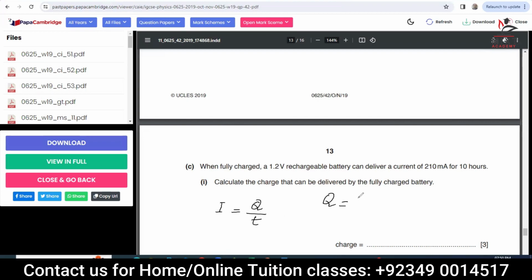So Q is equal to IT. I is a current which is 210 milli. Milli means 10 raised to the power minus 3. So 210 into 10 raised to minus 3. And what shall I put? 10 hours it's written. So what shall I put here? Armina, what to put here? 10? Or I have to convert it into seconds?